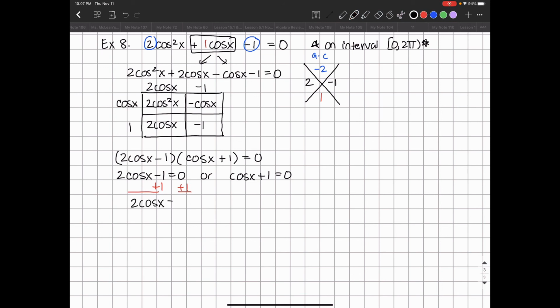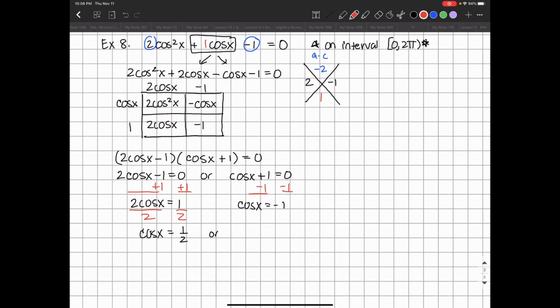I have 2 cosine of x is equal to 1, divide both sides by 2. I get cosine of x is equal to 1/2. That's one of the equations I need to solve. And for the other one, I subtract 1 on both sides and get cosine of x is equal to -1.